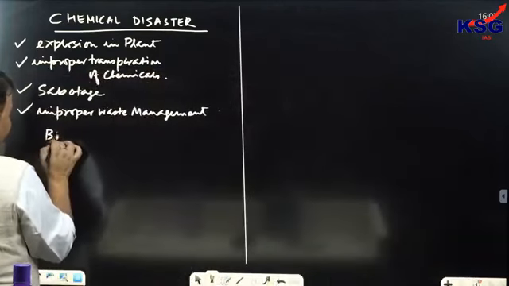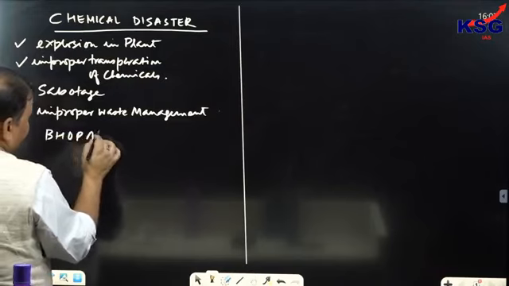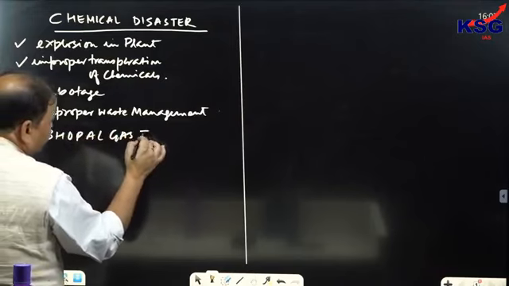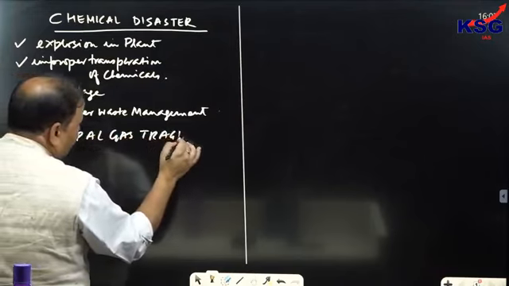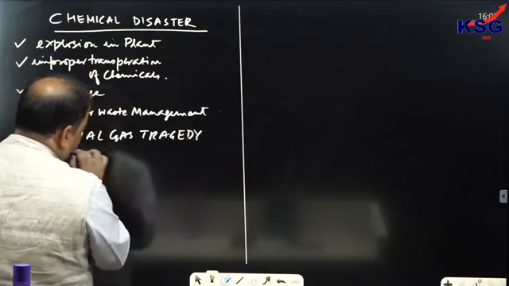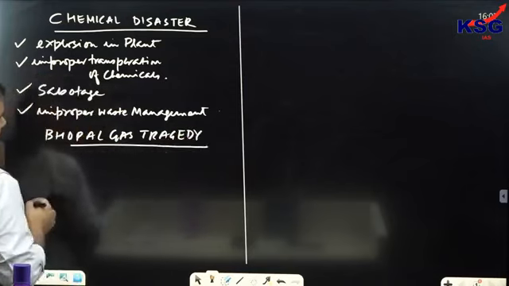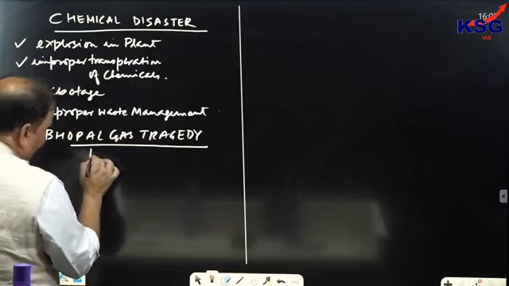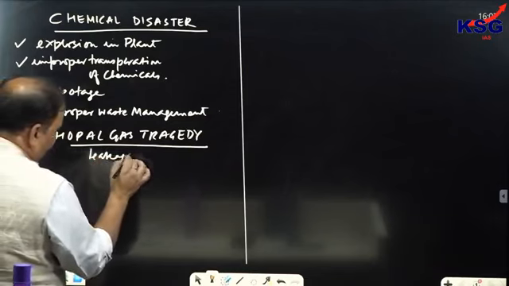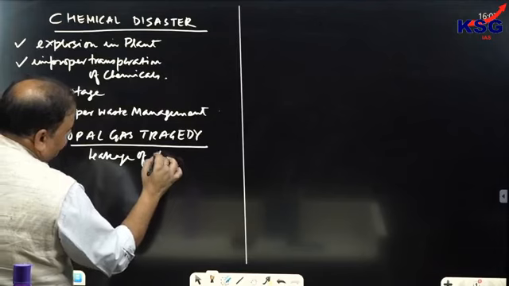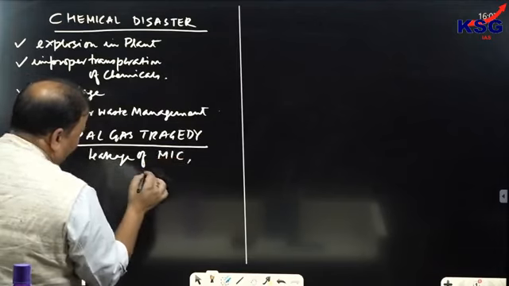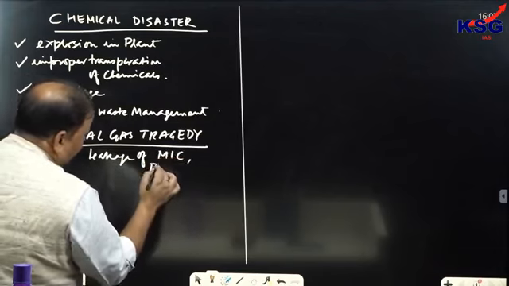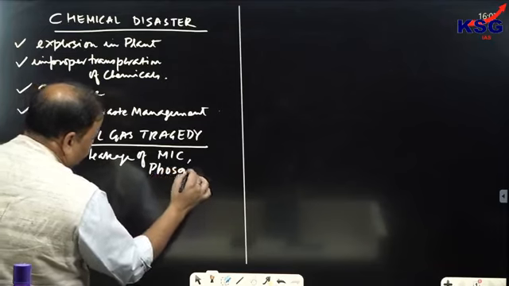So, Bhopal gas tragedy, we can see that this was not only responsible for leakage of poisonous gas, methyl isocyanate, but also another gas leaked which was called phosgene.